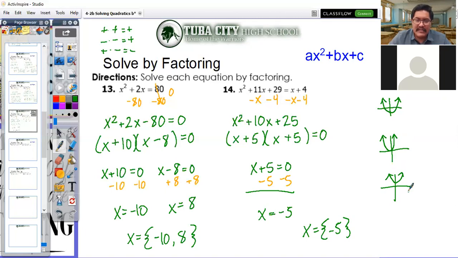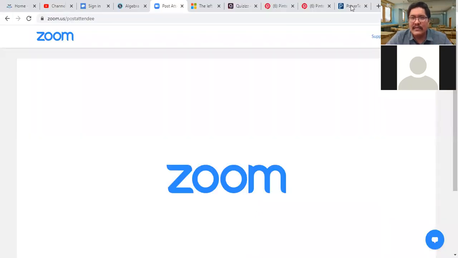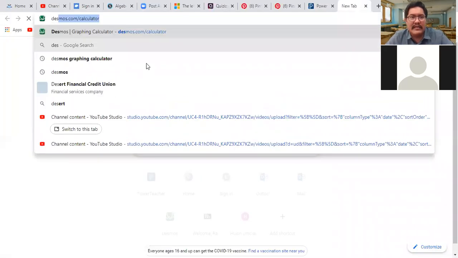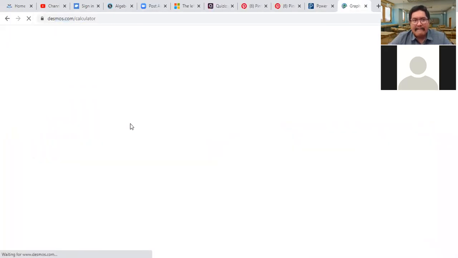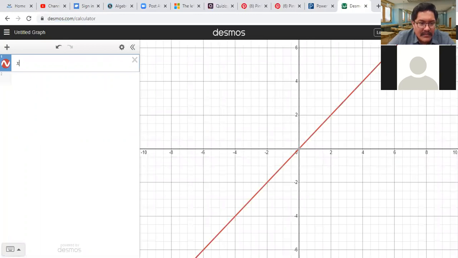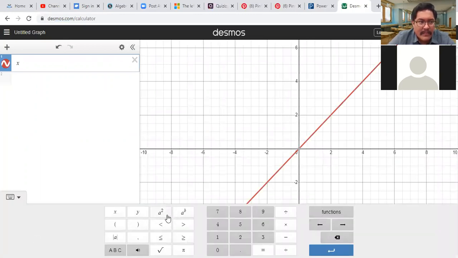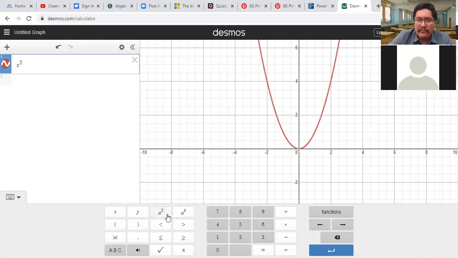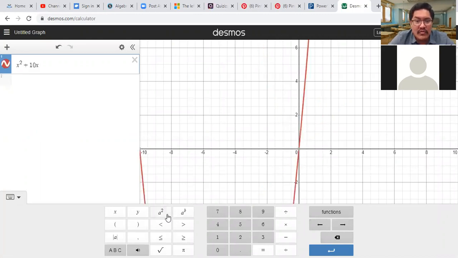Now, just to double check this one, I'm also going to show you, to tie back to that same lesson again, I'm going to punch this one into Desmos. So I'm going to drop on by to Desmos here, and we'll see what we get. It was x squared, and the square button is here. X squared plus, now I want the new equation that we got, not the original.